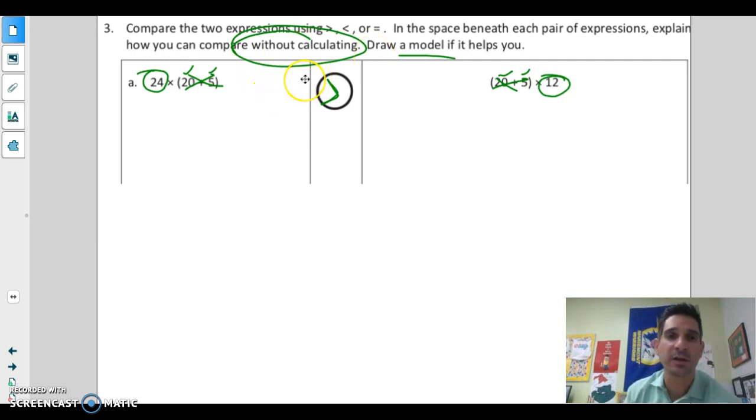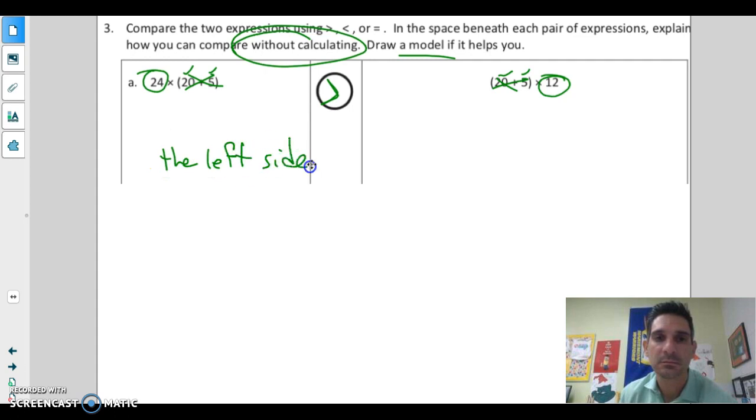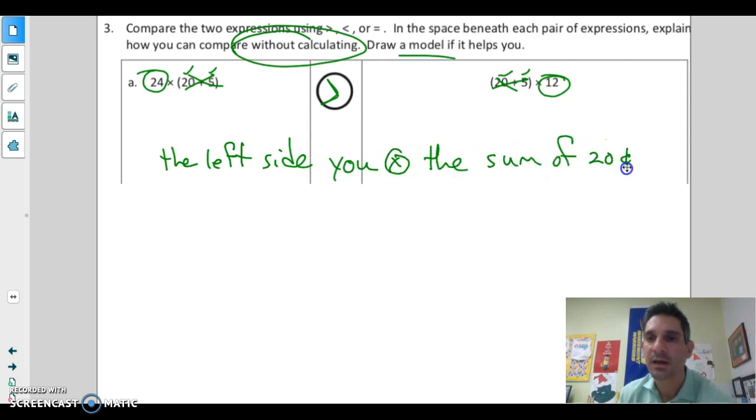Explain how you compare without calculating. Well, you could say that on the left side, you multiply the sum of 20 and 5 by 24.